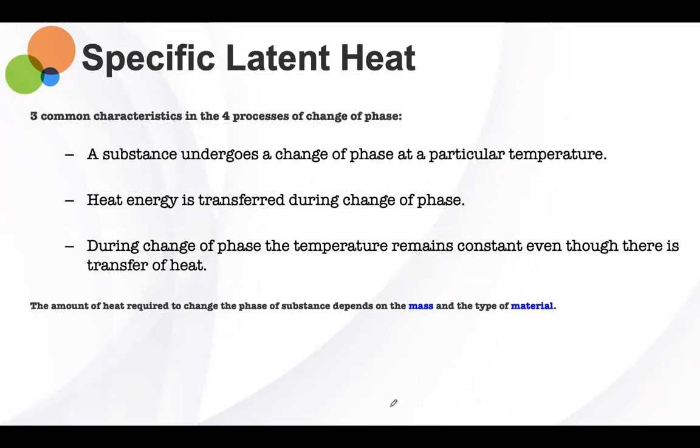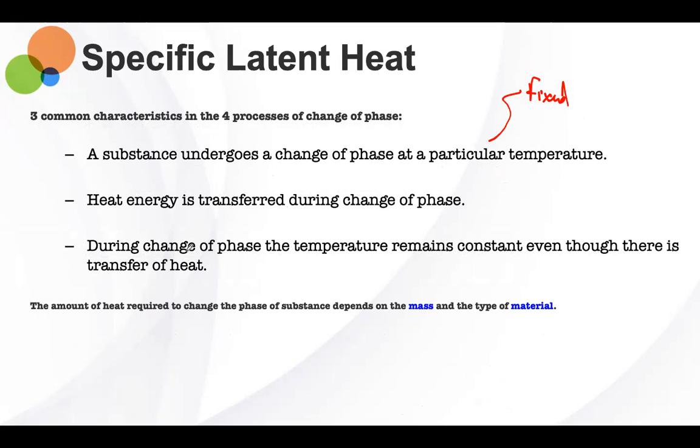All right, so three common characteristics in the process of phase change. A substance undergoes phase change at a particular temperature. Very important, this temperature is fixed, it doesn't change. Heat energy is transferred during change of phase.